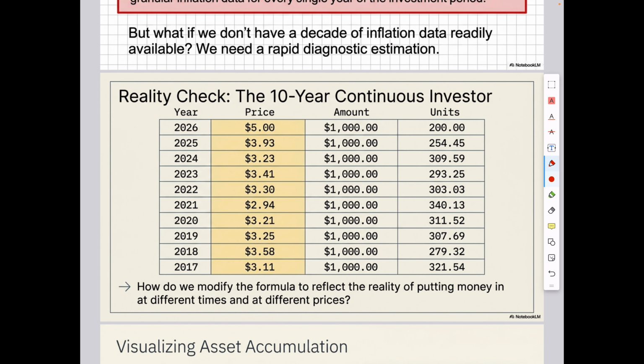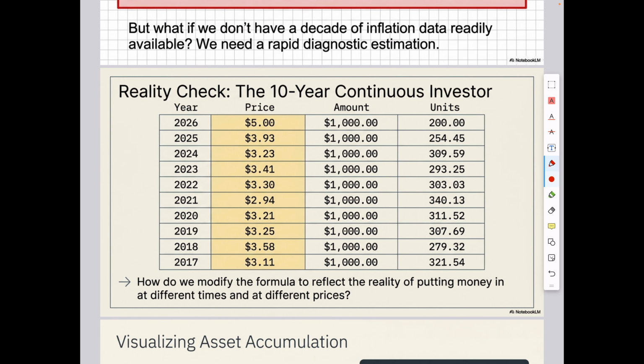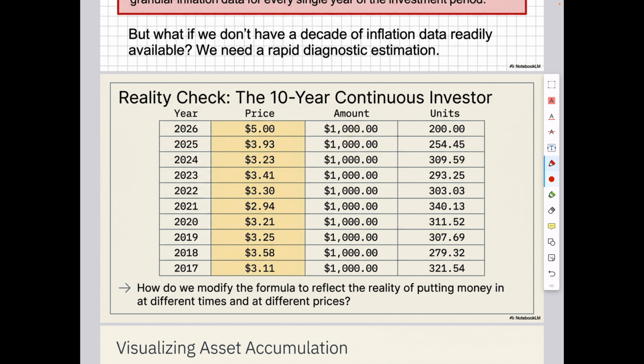So you will see in 2017, at the start of the year is $3.11, and then I invest 1,000, I get 321.54 units. In 2018 it went up to $3.58, I get this much, $3.25 in 2019, I get this much, and so on. So you see, the number of units varies, the buying price also varies, but the amount that I have always been putting in is always 1,000.